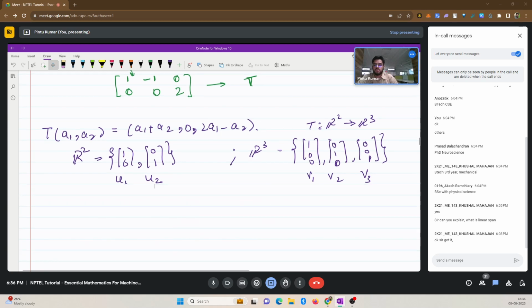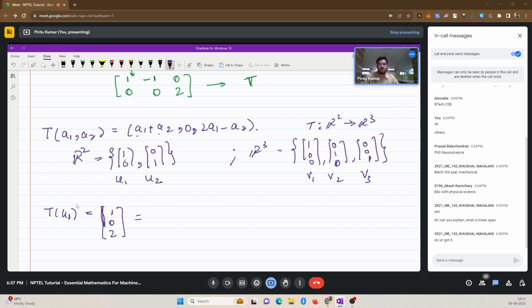Now, what is T of U1? T of U1 is nothing but A1 plus A2, so the first position would be 1 plus 0, which is 1. The second position is anyway 0, and the third is 2A1 minus A2, which is 2.